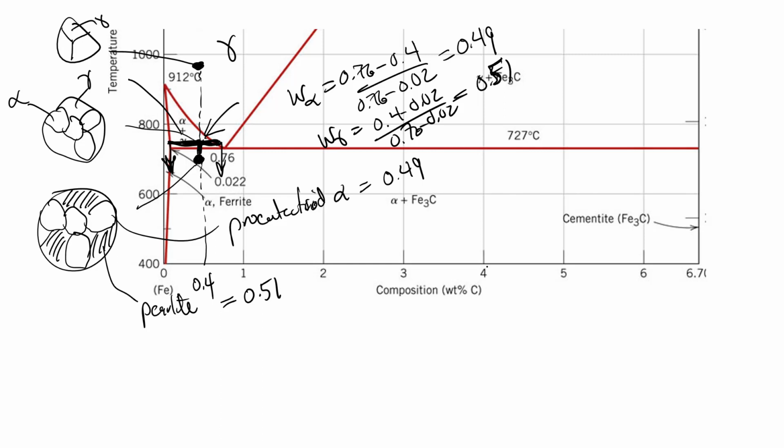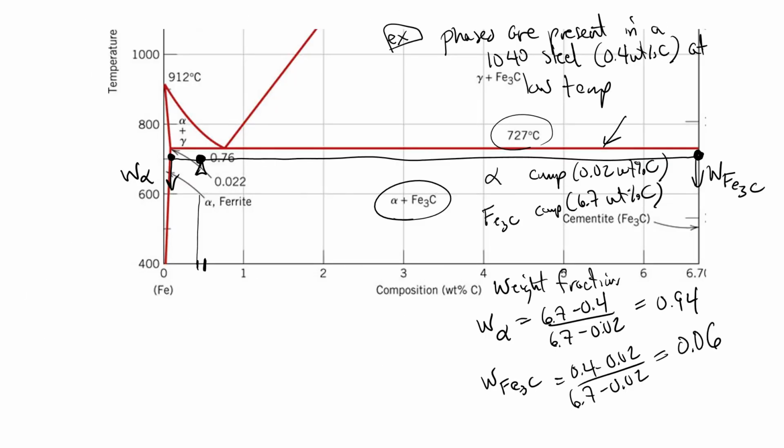Now, one last variation on these diagrams is, what if I want to know, let's ask this question, how much alpha is in the perlite? Well, let's take a look here. From before, I'm going to page back a couple. From before, we figured out that the total amount of alpha, this is the total alpha that I'm circling, is 0.49.